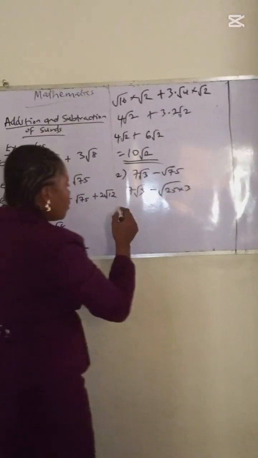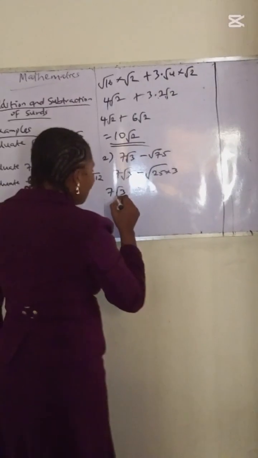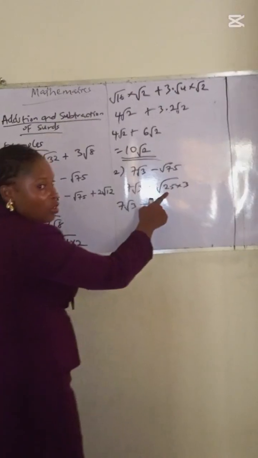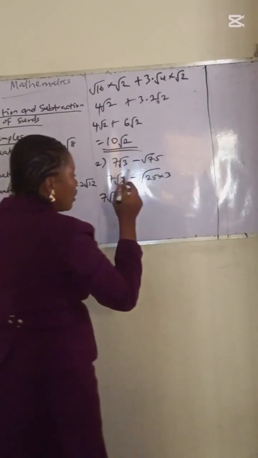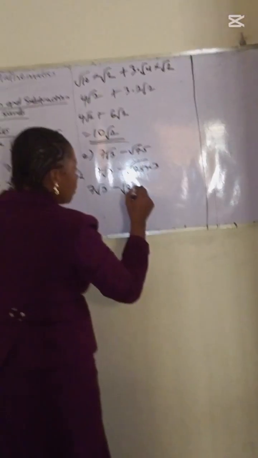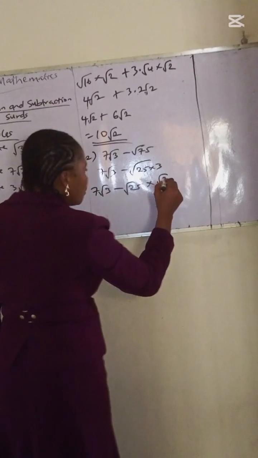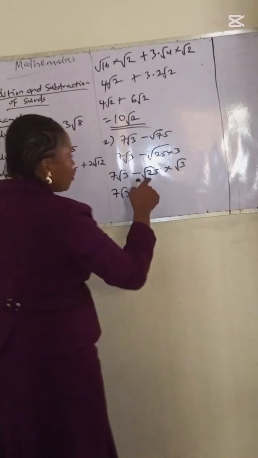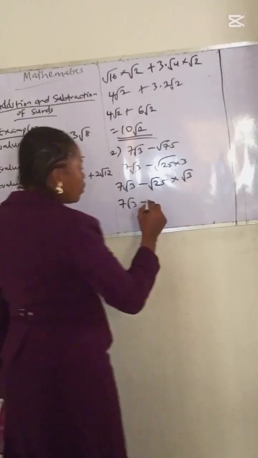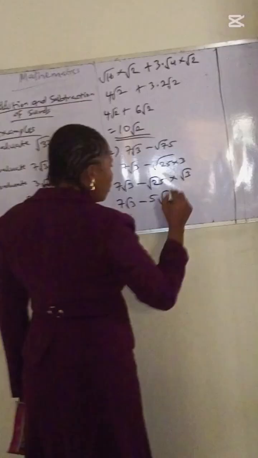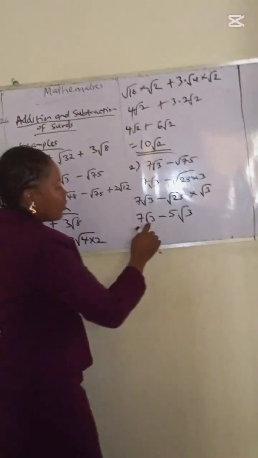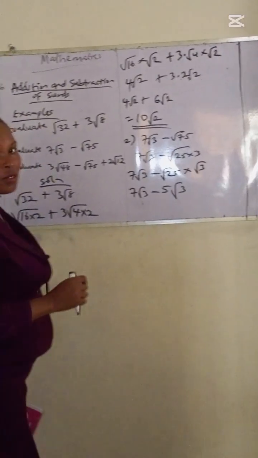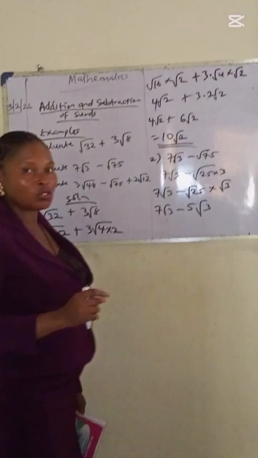So we are going to say 7 sqrt 3 minus, splitting each of the numbers inside the square root, so they are different square roots, minus sqrt 25 times sqrt 3. We have 7 sqrt 3 minus the square root of 25, which will give us 5, times sqrt 3. And the two square roots must be the same, except you are solving for conjugate surds.